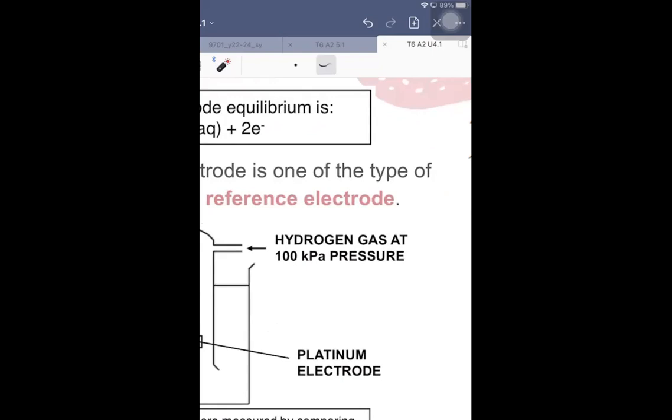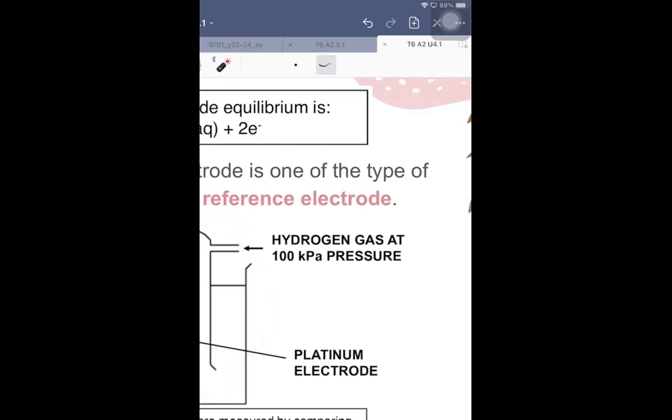Here, the oxidation state is 0. Here, the oxidation state is +1. Even though it is a reference, and the electrode potential that we take of hydrogen is 0 because we make it a standard, there is actually an equilibrium happening here. The rate of oxidation and the rate of reduction in this system are the same, equal.